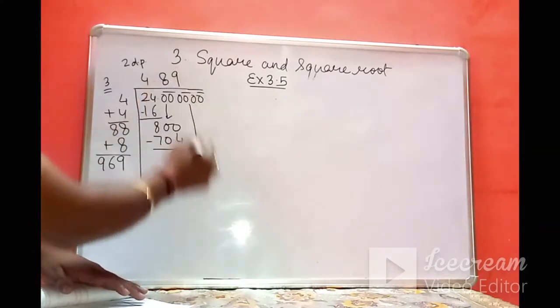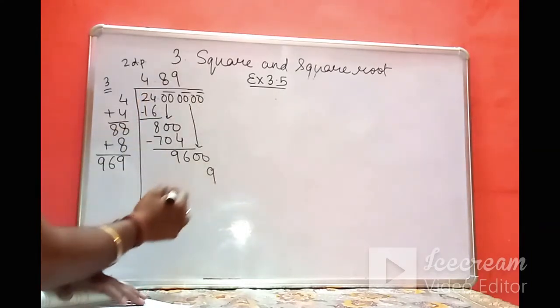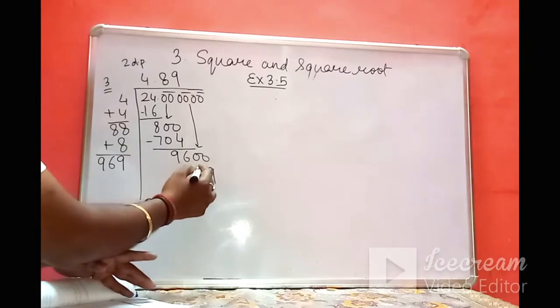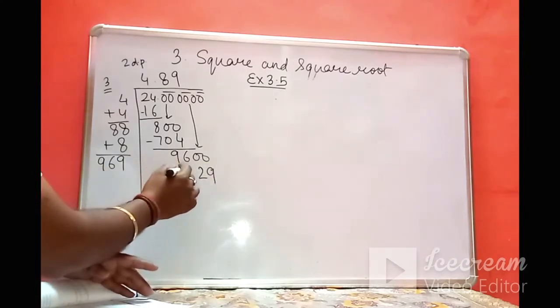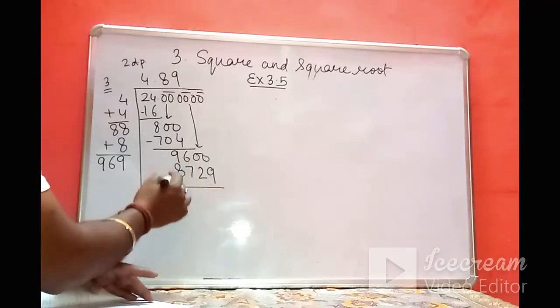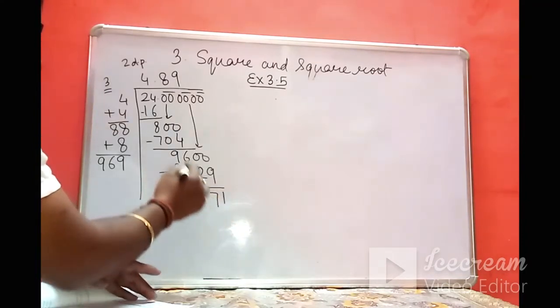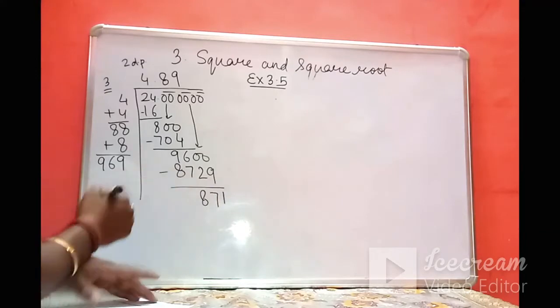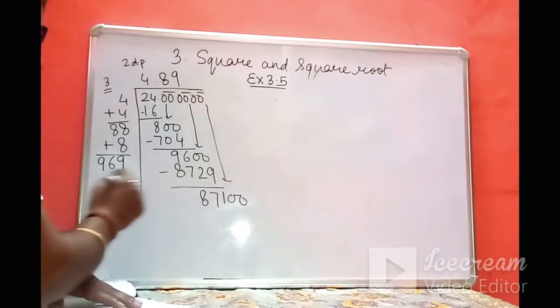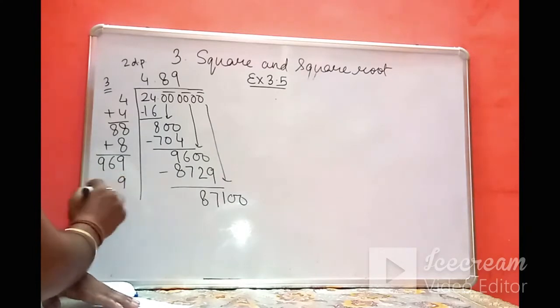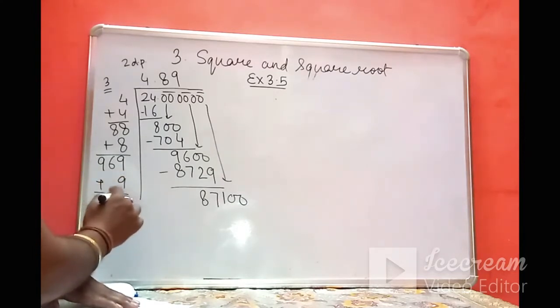Then I will put 9 here. So 9 into 9, 81. 9 into 6, 54 and 8, 62. 9 into 9, 81 and 6, 87. Then we subtract. Then the last pair will come down, and this 9 is going to come here. 9 7 8.